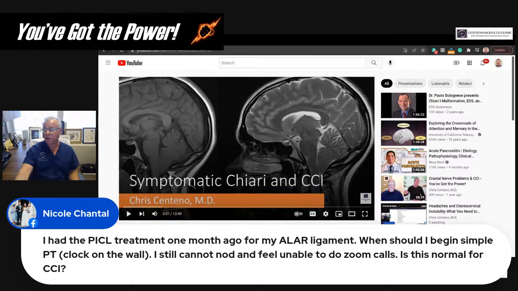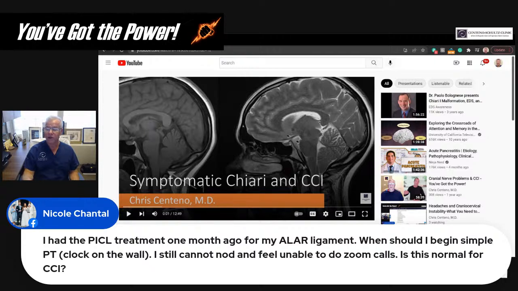You know, as far as normal for CCI, it depends on kind of functionally where you are or where you started. We wouldn't expect to see any improvement in your symptoms till month 3 or month 4 after the procedure. So we've got quite a ways to go there. As far as doing the exercises, we don't recommend anyone do those exercises until they get cleared by their treating doctor who did the PICL procedure.